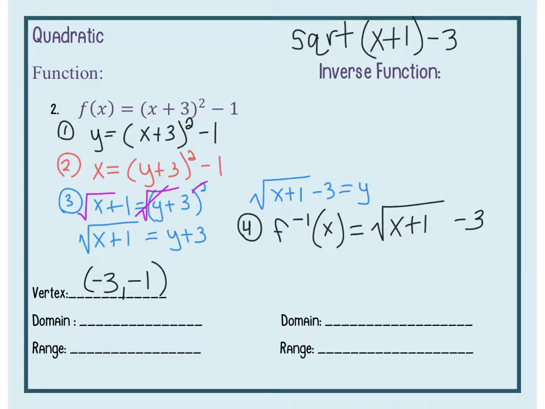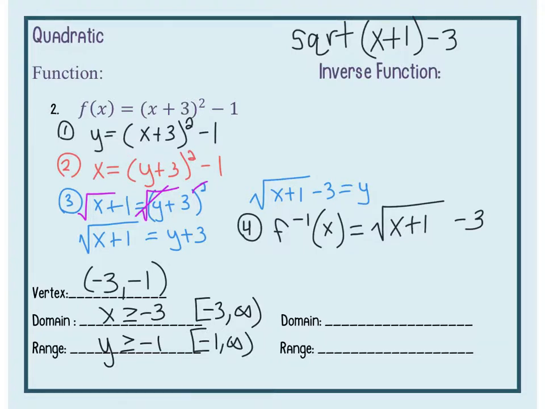So because the graph is facing up, x is greater than or equal to -3, or brackets -3 infinity. You know, I did all these with inequalities, but I prefer interval notation. My range, remember the graph is going up, so y is greater than or equal to -1, -1 to infinity.